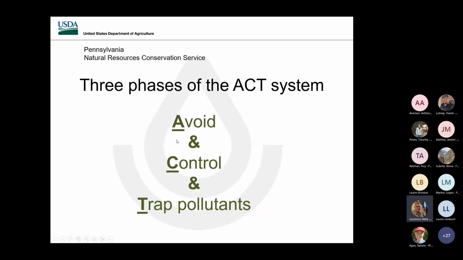Now here is our slide again. ACT, avoid, control, and trap. But I emphasize here it's avoid and controlling practices and trapping practices. This is not an either or. We can't put a buffer by the stream and expect that's going to do a job of protecting us. We need to reduce this soil load.